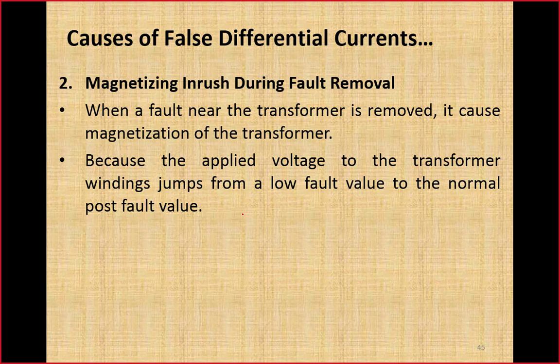When this fault is cleared by opening the circuit breaker, then voltage will be restored to the normal value. So this is the switching transient from low voltage during the fault to the normal voltage after the fault. Due to this transition, there will be a change in magnetization, and magnetization will have a DC component and saturation of the core may occur.